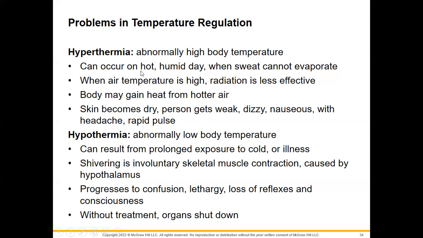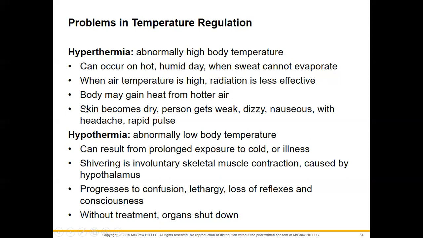The body may gain heat from hotter air. So if the temperature is hot and it's extremely humid, the water that's in the air might raise your body temperature. Even if it's dry and the temperature is higher than your body, then instead of the heat radiating outward, the heat from the air will make you hotter.